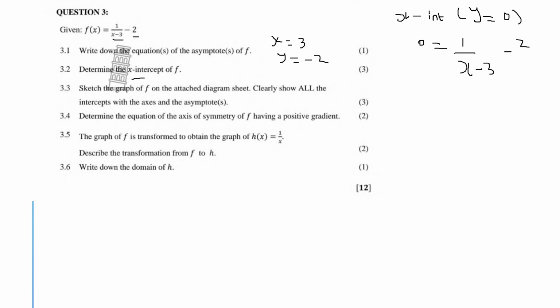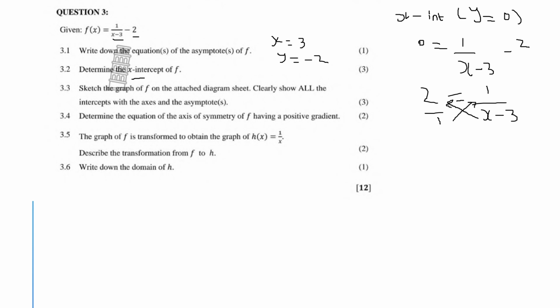The number here must go to the other side, so it comes back as +2, and everything is equal to 1 over x minus 3. Then you can cross multiply.